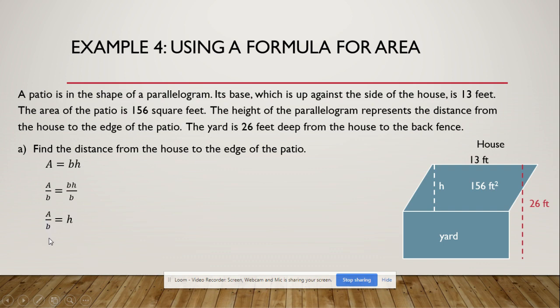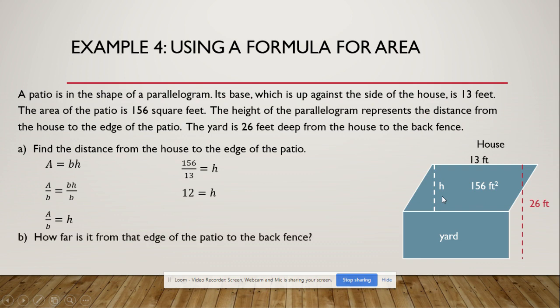Now that we've got this equation, we're ready to move to the next step, which is substitute in the values. We know the area of the parallelogram was 156 square feet. The base of it was 13, which means that the height was 12 feet. So we now know that this height right here is 12 feet long.